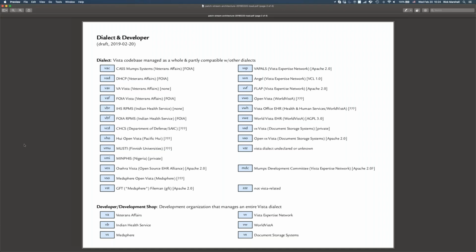There used to be separate database administrators in VA and IHS and sort of out in the world generally who didn't talk to each other very much. And we worked together as a community. And we put together a DBAC within OSEHRA that meets from time to time and compares notes to make sure that how things are named in VA, how they're named in IHS, how they're named in World Vista, and how they're named by the Vista Expertise Network is coherent. So the OSEHRA community is following a consistent practice.